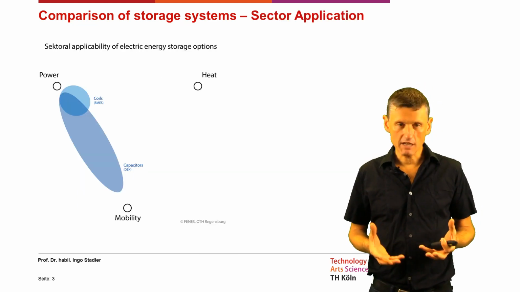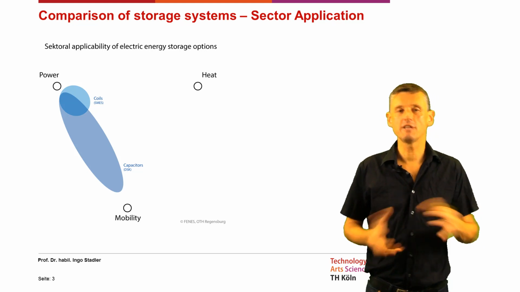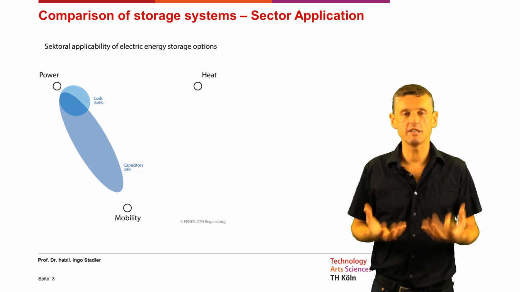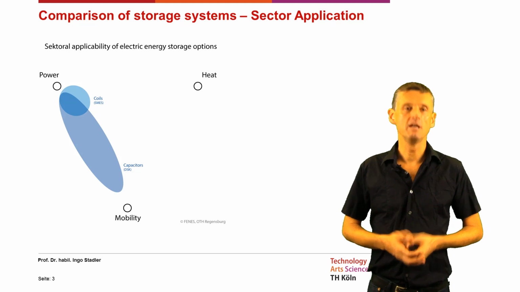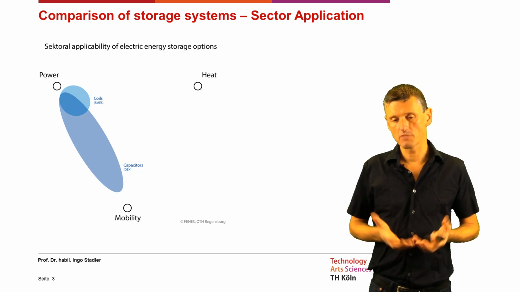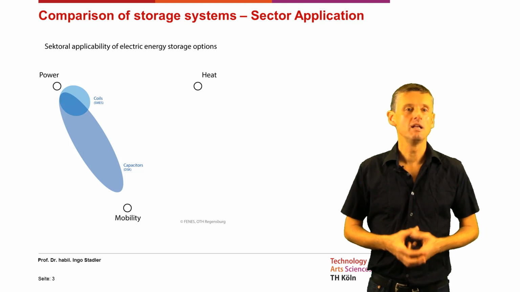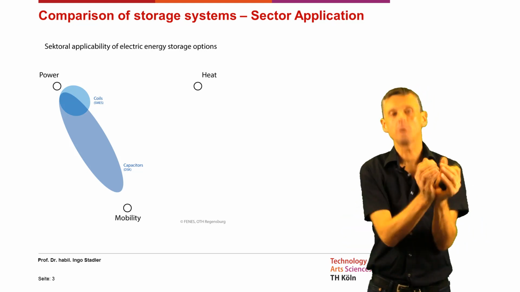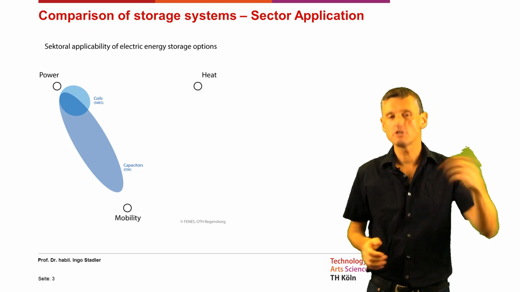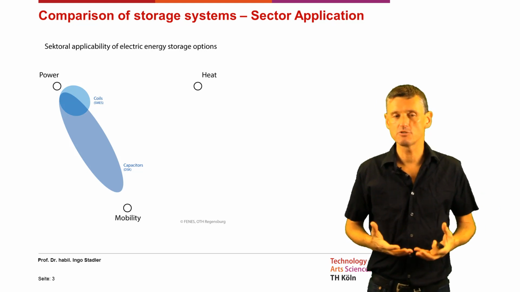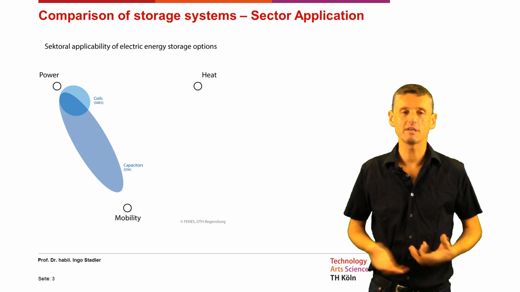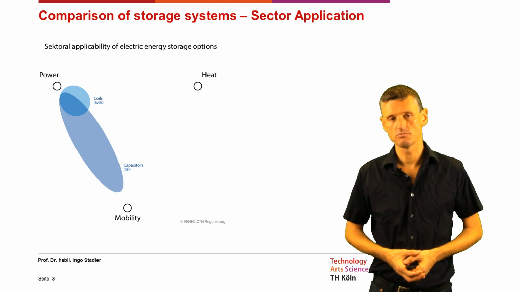Having more discussion, how could different energy stores help us to interlink different energy sectors? Starting with the electric energy storage systems, it is mainly the pure power sector, reaching, for example with capacitors, also a few applications in the mobility sector.